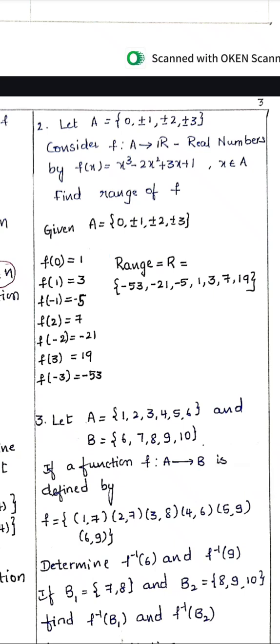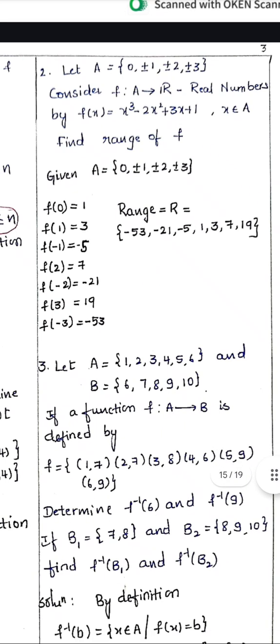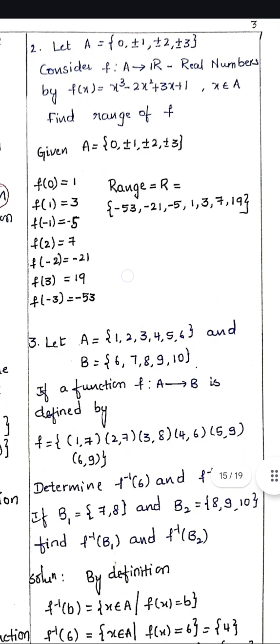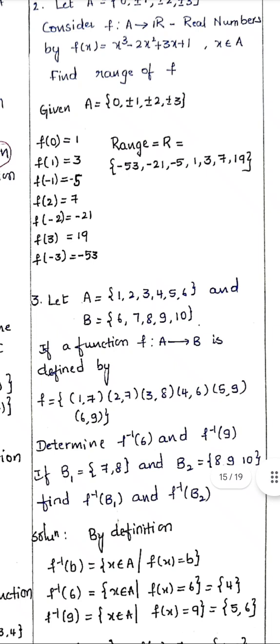Let A equal {0, plus or minus 1, plus or minus 2, plus or minus 3}. Let's consider the function from A to the real numbers, defined by f of x equals x cube minus 2x square plus 3x plus 1, where x belongs to A. Find the range of f.